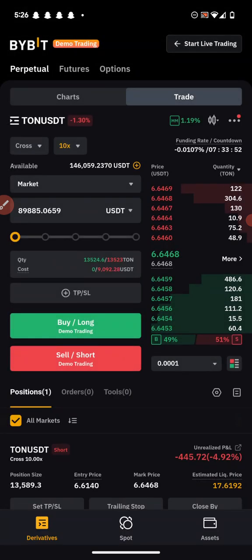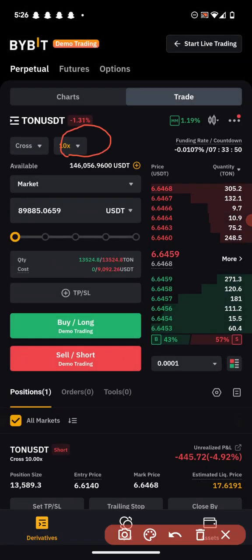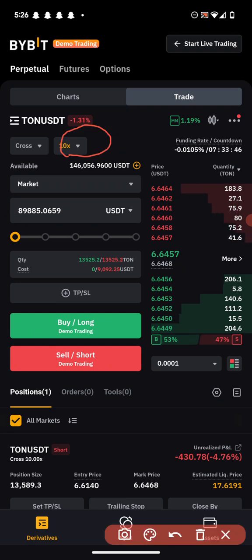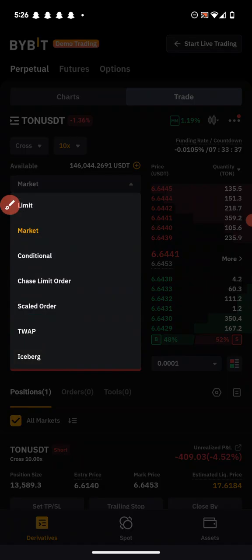Now here I'm going to be explaining this one, market. If I click on this place which I just marked, which you are seeing market, you are going to see all this: limit, market, condition, and so on. So we are going to be working with only market and limit. Now what does market mean?